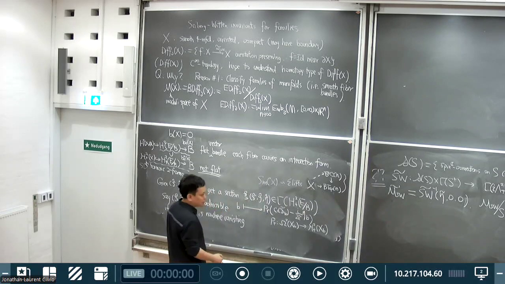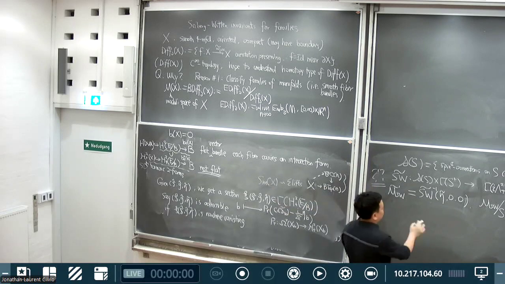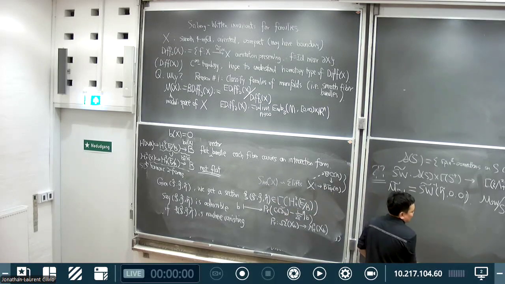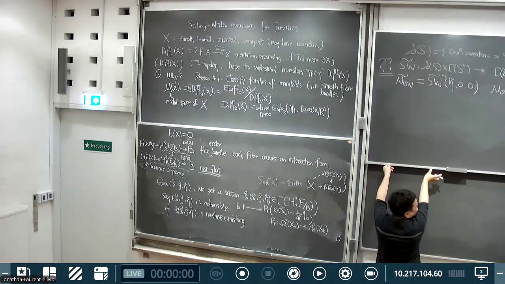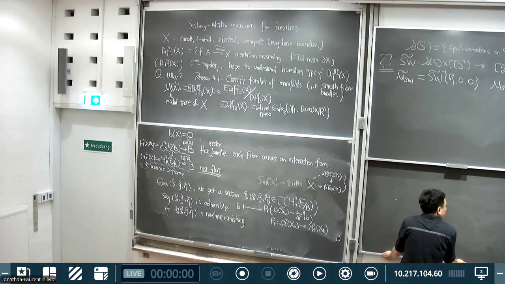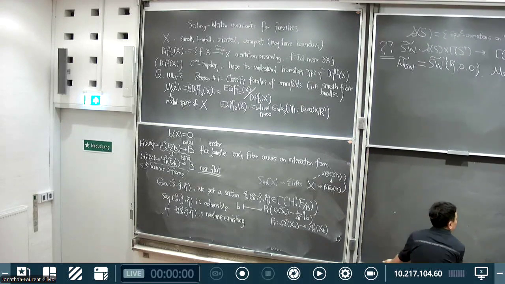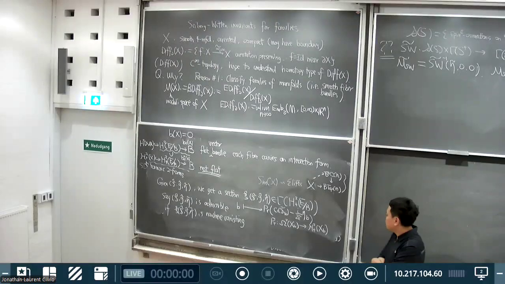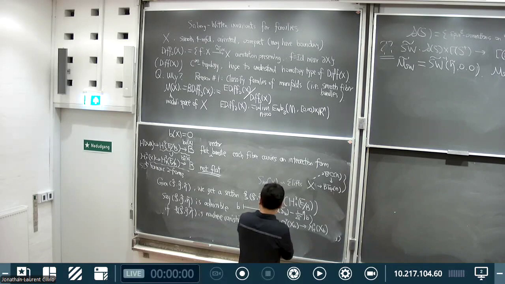So let's return. For now, let's ignore this. Okay. So let's have the admissibility condition. Any question? So we say this is admissible if this section has no variation.